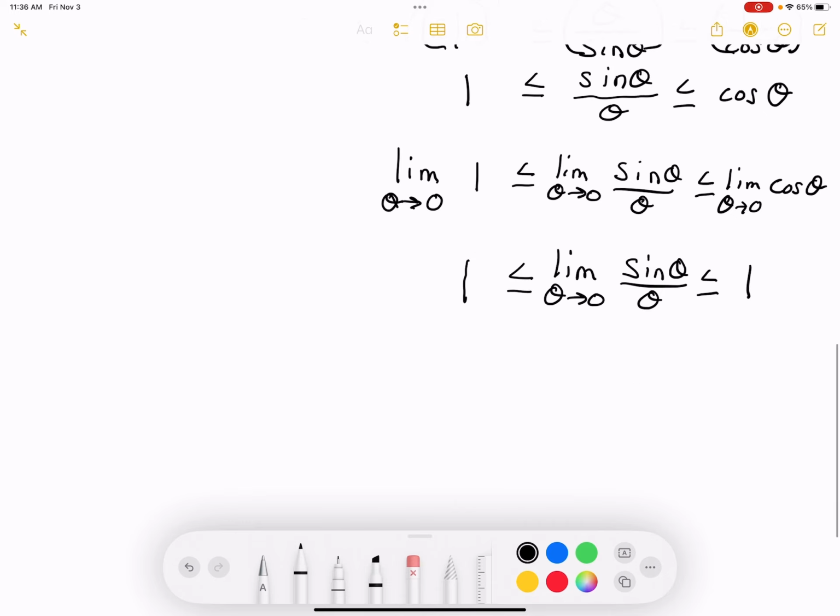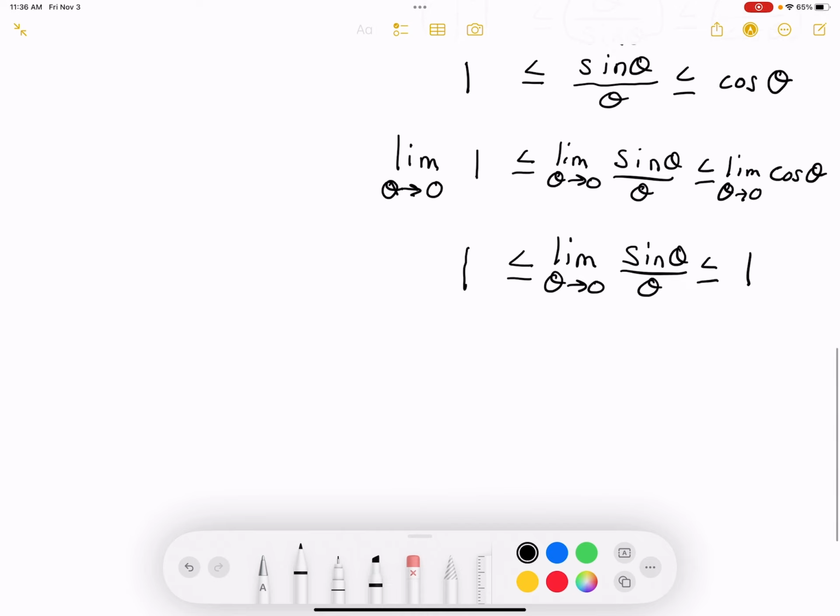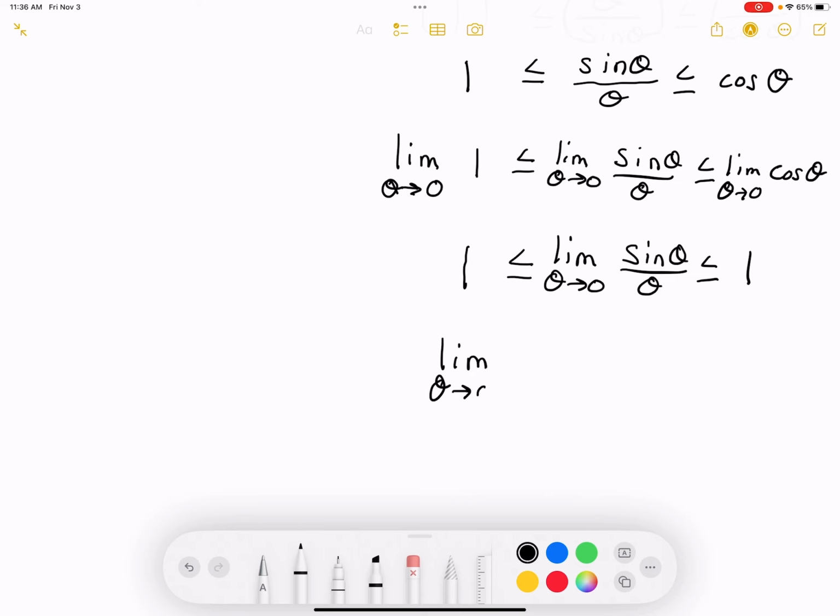And so you will now notice that the limit as theta goes to 0 of sine theta over theta is greater or equal to 1, but it's also less than or equal to 1. So this limit is being squeezed on both sides by 1. And so the only value that it can be is 1.